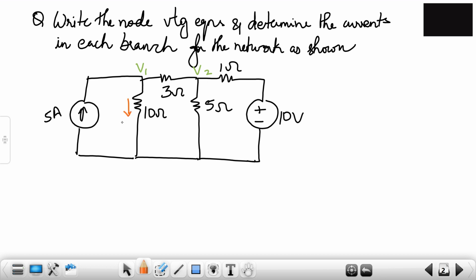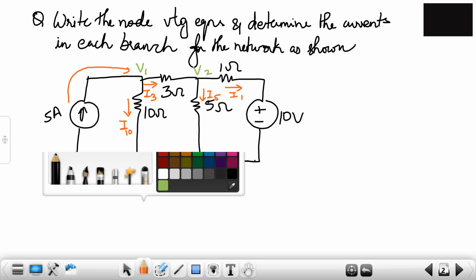So this is your current through 10 ohm resistor. This is your current through 3 ohm resistor. This is your current through 5 ohm resistor. This is your current through 1 ohm resistor. At the side, this current is flowing, gets divided at node 1, then again it gets divided at node 2.